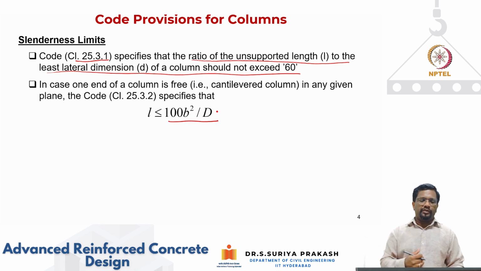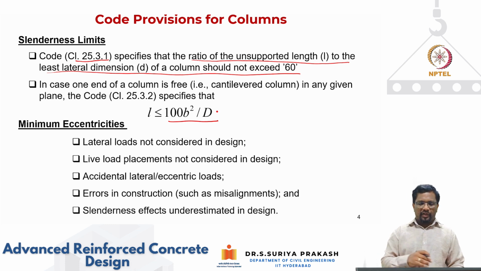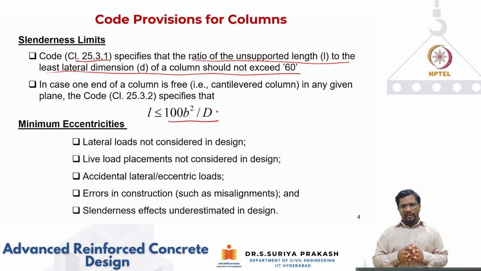So the code is giving you a slightly higher slenderness limit for a cantilever column. They are not very common. If at all we are designing them, the axial compression load is also expected to be less, so that is the reason the code is giving a slightly higher value.